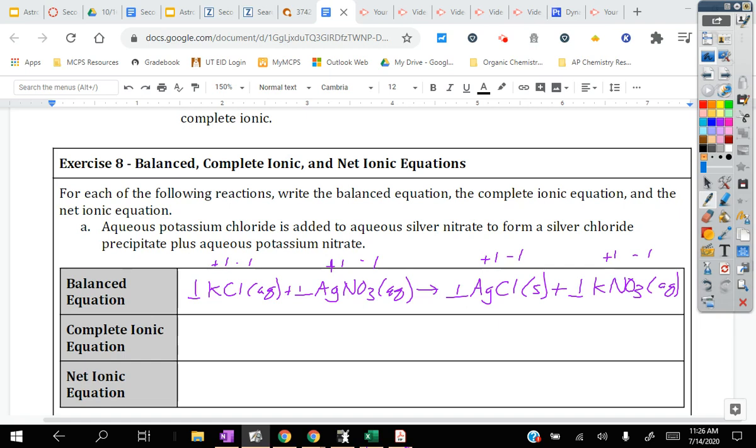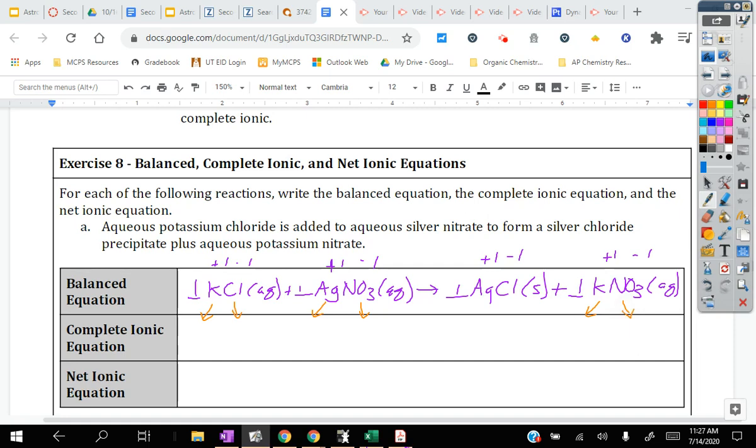So to show the complete ionic equation, we're going to split these aqueous components into their respective ions with their charges. Now, the solid cannot split up because it is now part of a different phase. It is not surrounded by water, and it is not aqueous in solution.